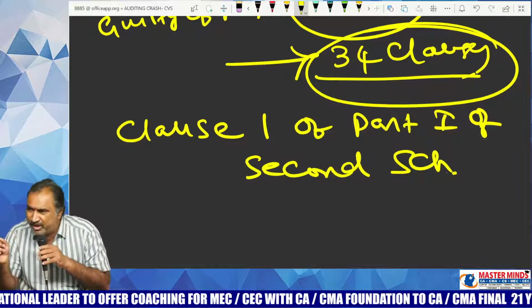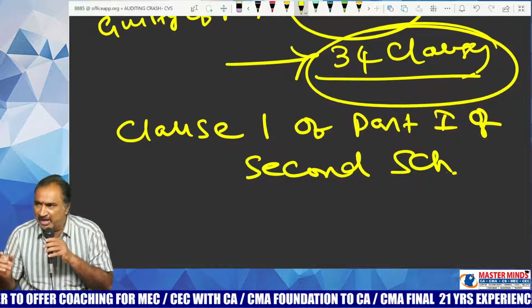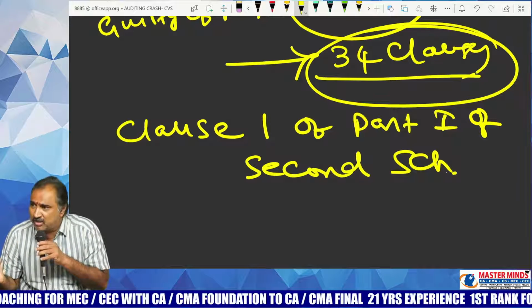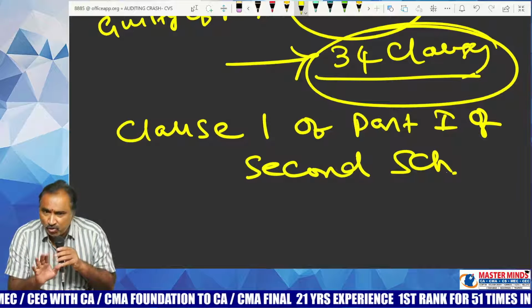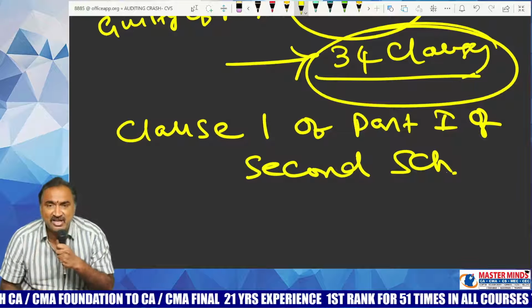By this, what you need to understand is you may get a lot of information relating to your client during the course of performance of your work. Some of that information received by you may be secret or sensitive in nature. Therefore, you have to maintain confidentiality of that information.